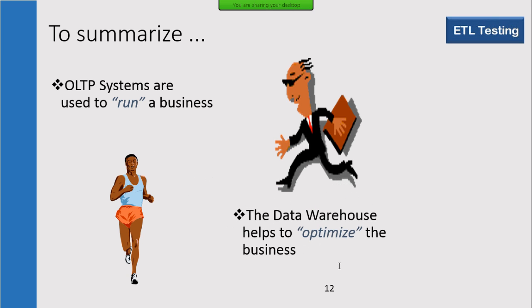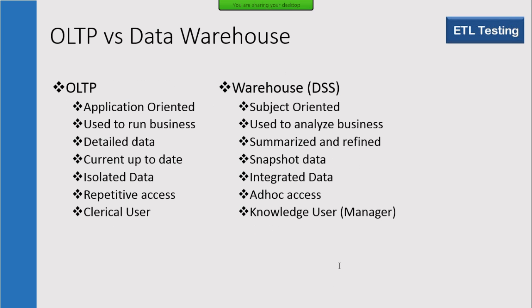So you're optimizing the business. In short, a database is used to run a business, whereas a data warehouse is used to optimize the business. So these are the key differences between a database and a warehouse.